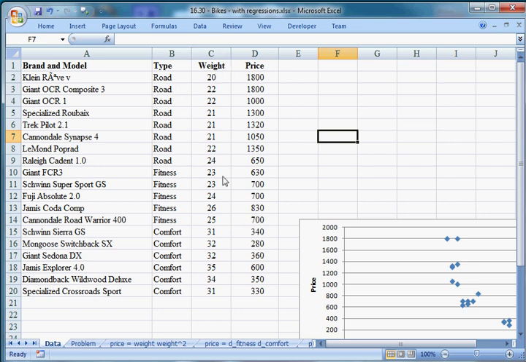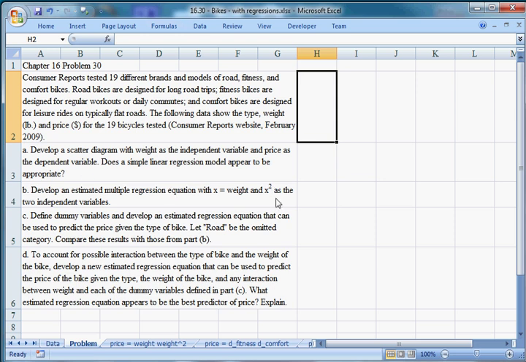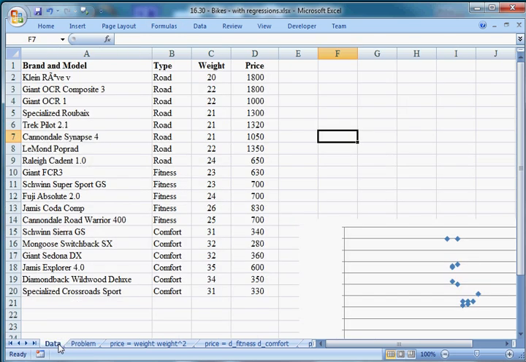So we have different types of bikes. In the problem, which I've recorded a video on, we have the opportunity to create some dummies to look at whether the type of bike matters. We look at weight, but the problem tells us to include x squared in there. Well, how would you know to do that if it wasn't for the question telling you?